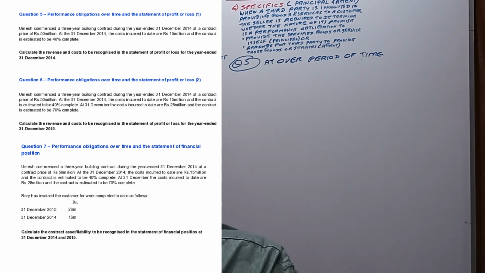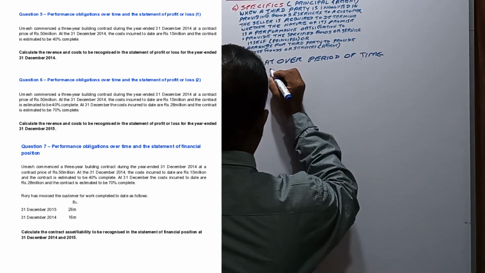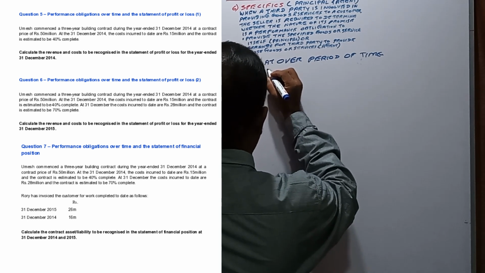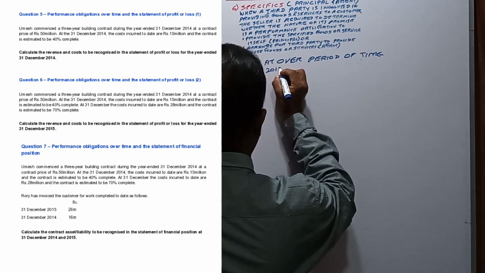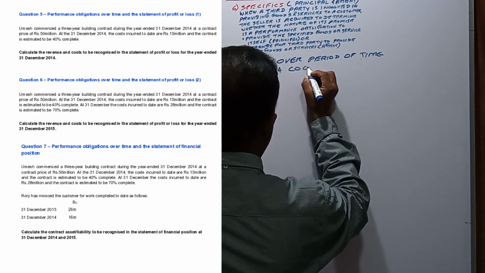Umesh commenced a 3-year building contract during the year ended 31st December 2014, with a contract price of 50 million, right? 2014, Umesh enters into the contract.